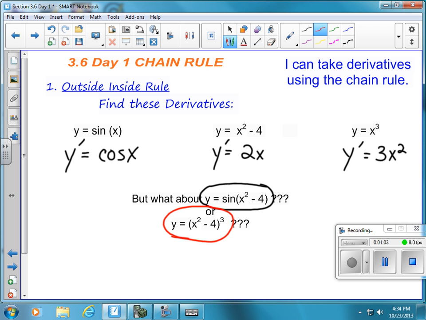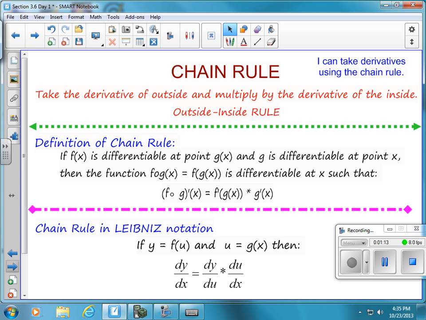Here we have composite functions. So the chain rule helps us to take the derivative of composite functions, functions within functions. Now, this is a lot of definitions, using composite type terminology.